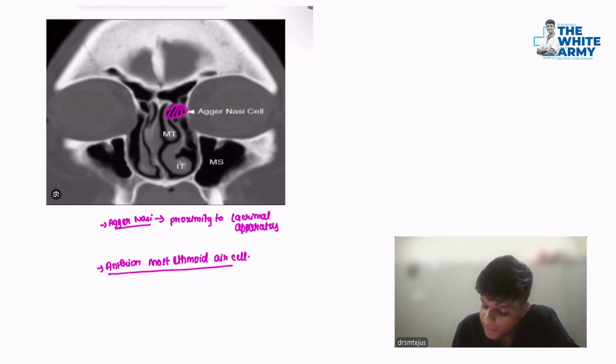So this is our agger nasi air cell. This is our agger nasi cells. Like I already said, don't get confused with the Haller cell. The Haller cell is not seen in this patient.